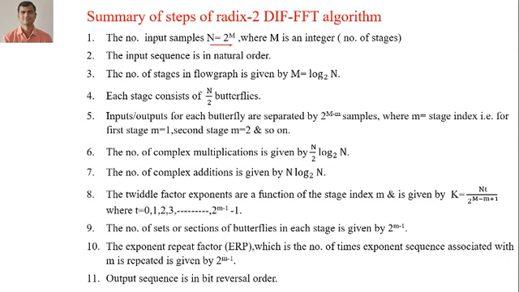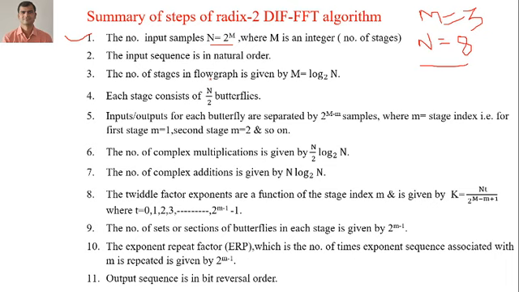So step number 1 is the same as that of DIT FFT algorithm. When capital M is equal to 3, that means N is an 8 point DFT, so the maximum stage for 8 point DFT is 3. Now here I have told you the basic difference between DIT and DIF.